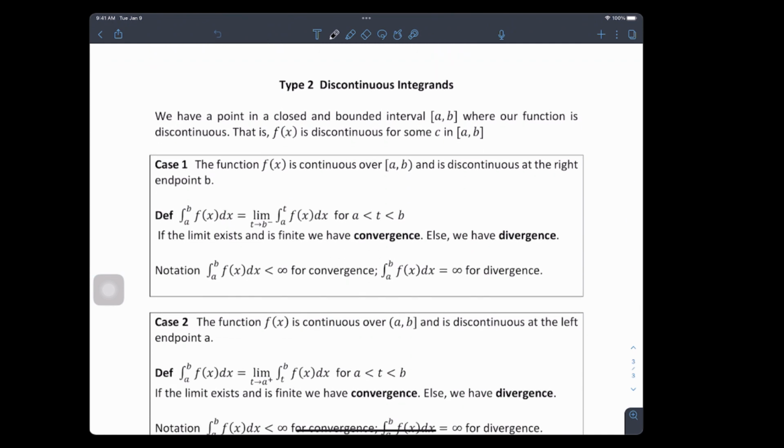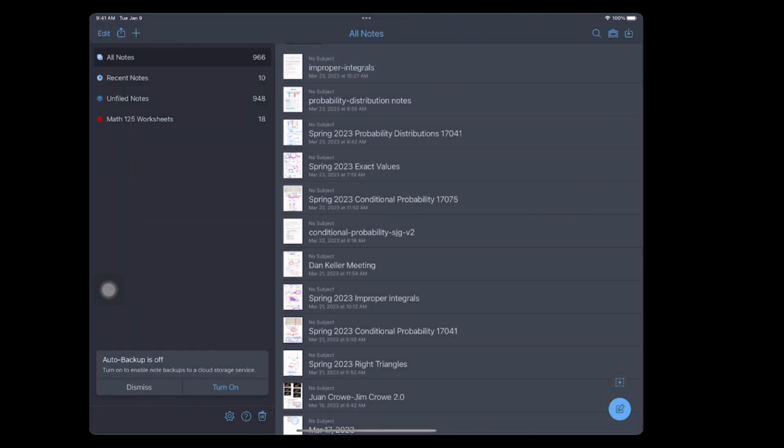So these are thought of as type 2 integrals where, for example, you have a vertical asymptote at an endpoint. Okay, so now you're going to go back to integrals that look like this.